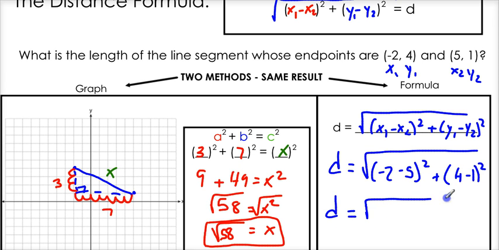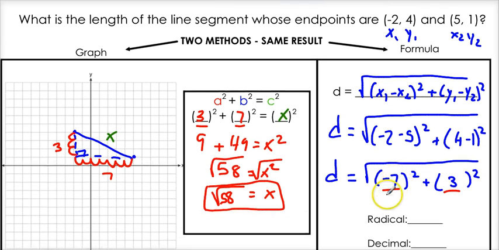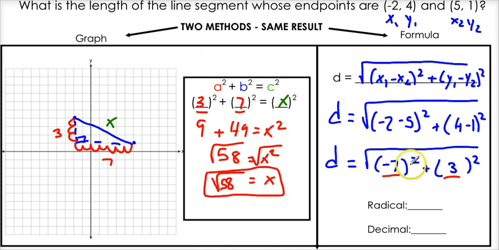Well, d is equal to the square root of (negative 2 minus 5 is negative 7) squared, plus (4 minus 1 is 3) squared. Now I want you to notice here, we got negative 7 and 3, and 7 and 3. Those numbers are the same. It doesn't matter if this is negative, it's still the length of the side. So you see, these are actually the length of each leg.